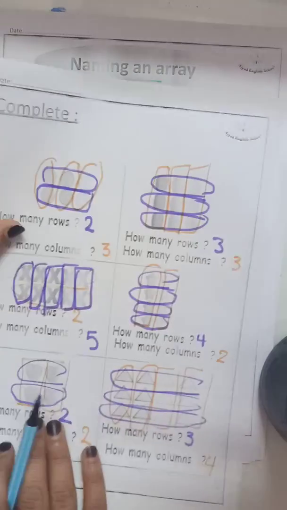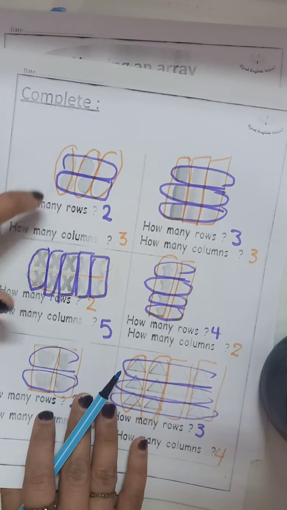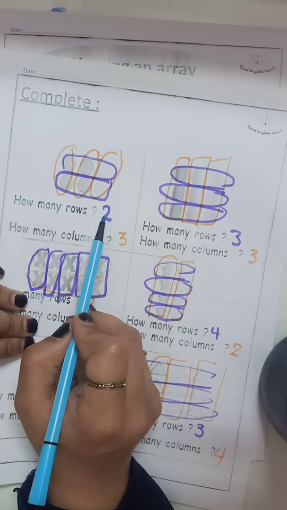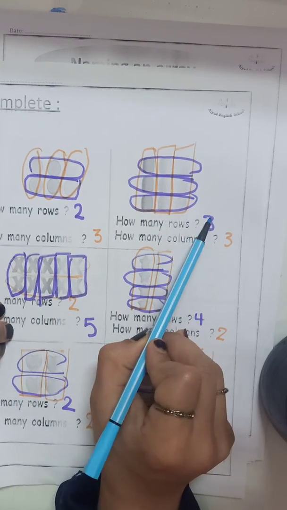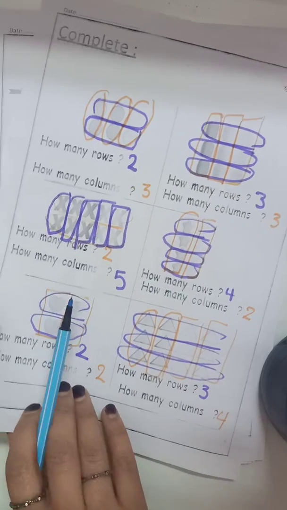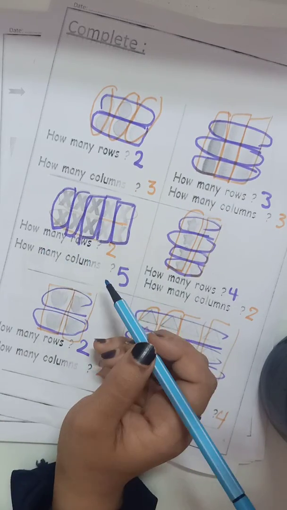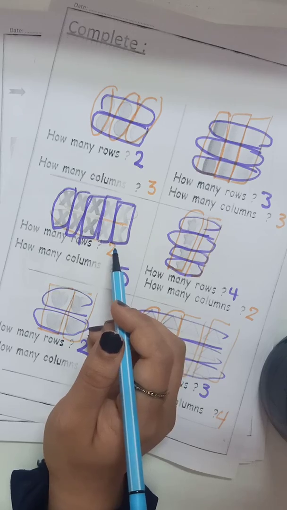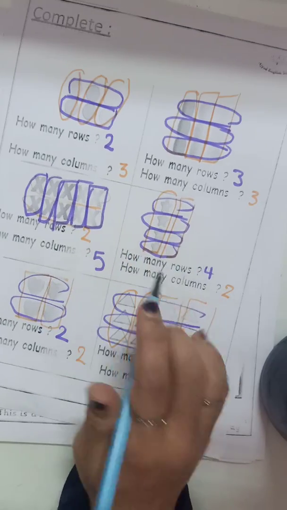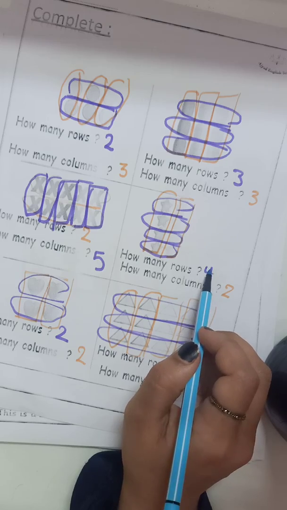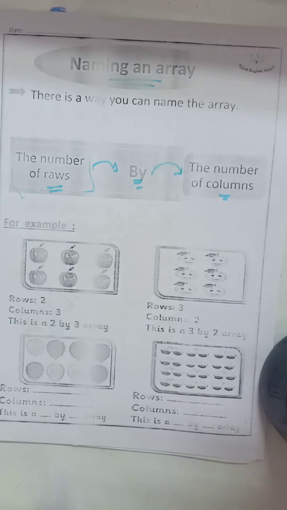For example here, what's the name of this array? 2 by 3. And this is 3 by 3. The next one, what's the name of this array? This is 2 by 5. And this is 4 by 2.